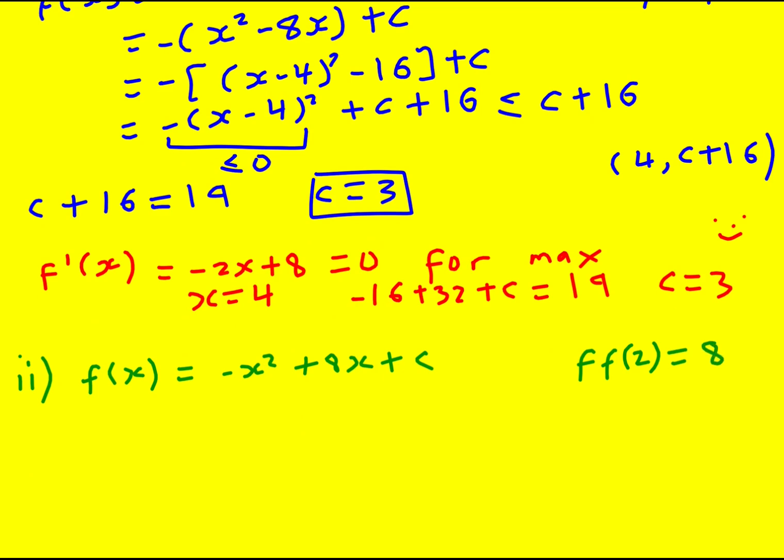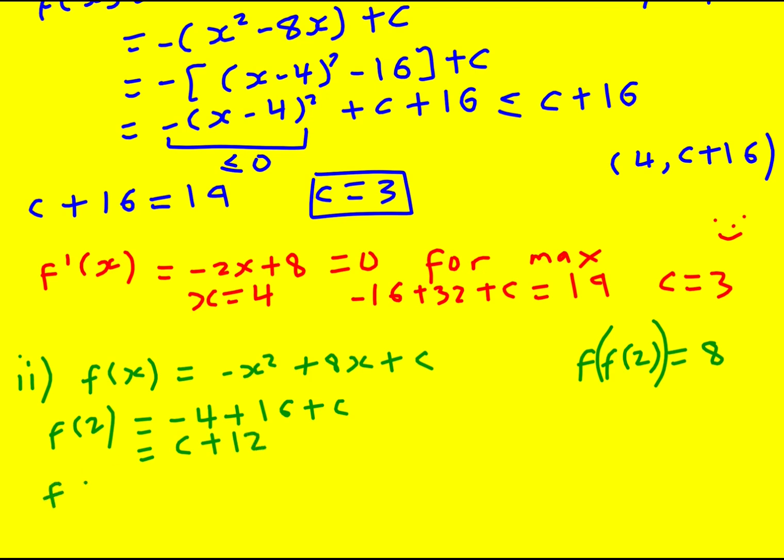Now what you don't need to do is work out f of x. We can just actually work out f of 2 and then substitute that in place of f of 2. So it's going to be minus 4 plus 16 plus c, which actually gives c plus 12.